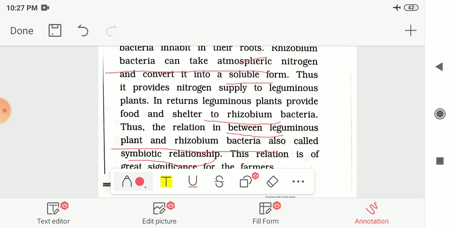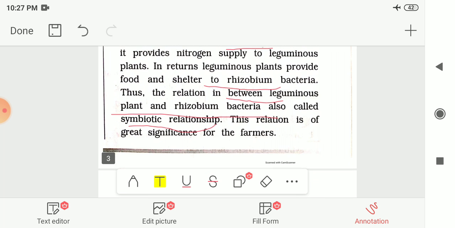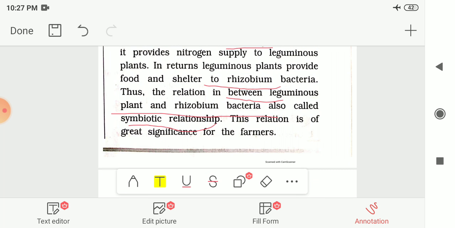Here is another example, and this relation is of great significance for the farmers. That is between the rhizobium bacteria and leguminous plants. The leguminous plants, that means pulses like gram, peas, beans and moong, have the rhizobium bacteria in their root nodules. So this rhizobium bacteria can fix the atmospheric nitrogen into the soil.